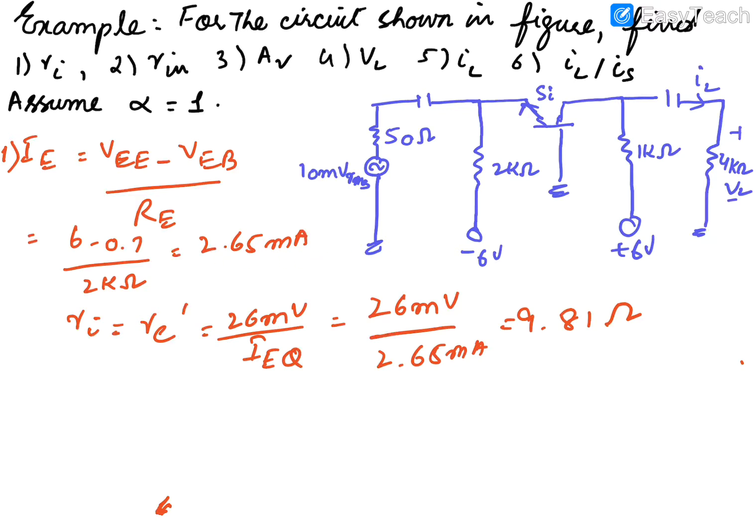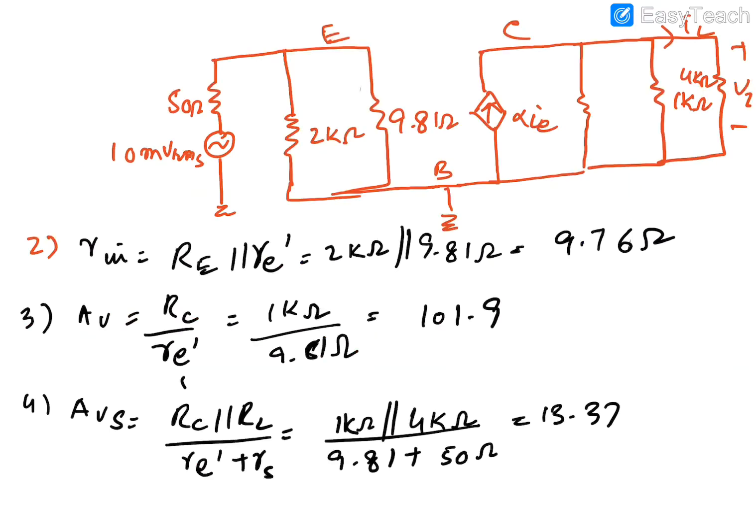Next you have to find the value of Ri, which is equal to Re dash, the emitter resistance, which is found from the formula 26 millivolt divided by IEQ. We have found the value of IEQ. So 26 millivolt divided by 2.65 milliampere is equal to 9.81 ohms. Rin, the stage input resistance, is equal to the parallel combination of capital Re and Re dash, which is equal to 9.76 ohms.